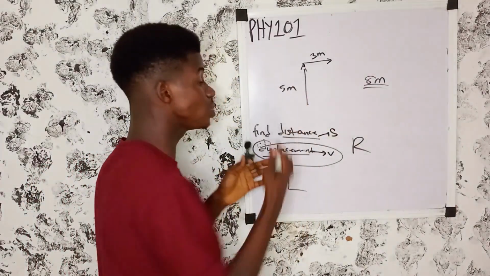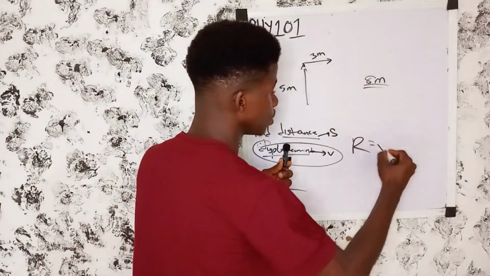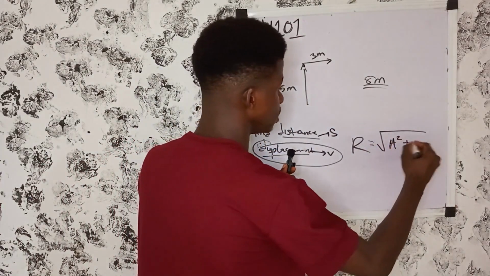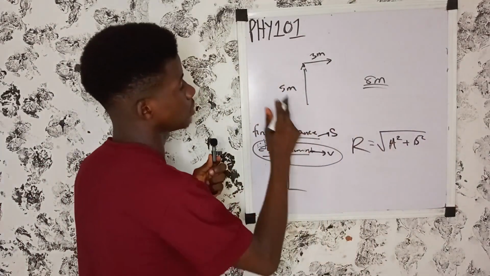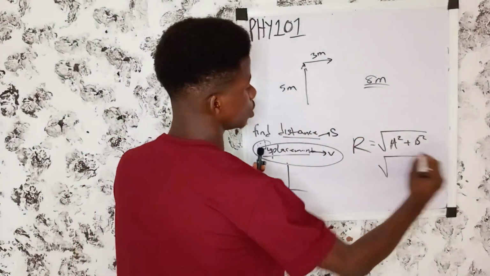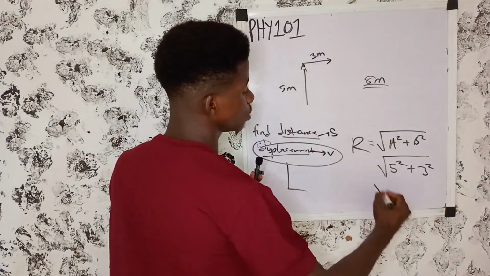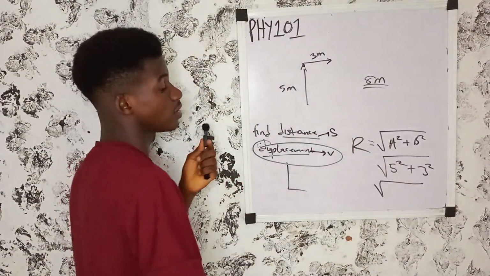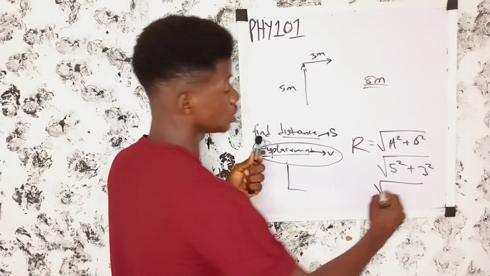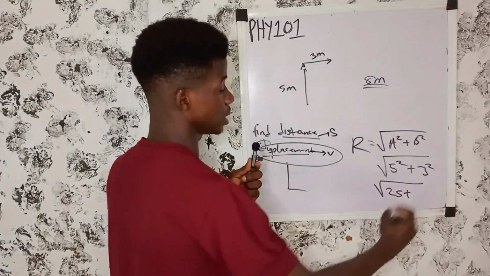Using the Pythagoras theorem, R equals the root of a squared plus b squared. Here a is 5 and b is 3, so R equals the root of 5 squared plus 3 squared. 5 squared is 25, 3 squared is 9.